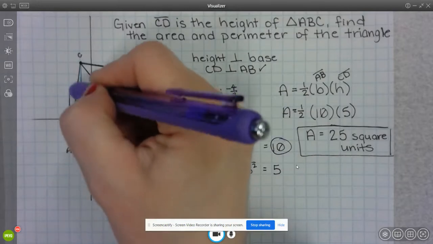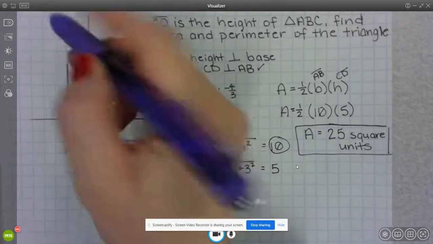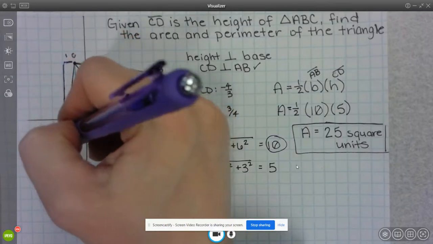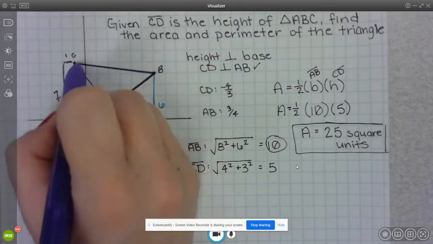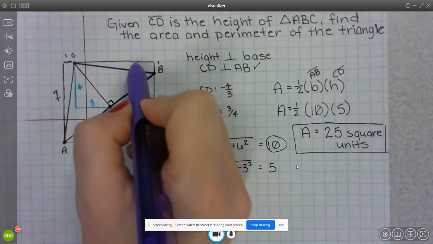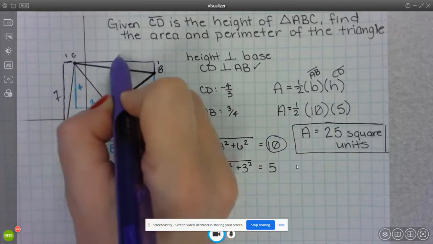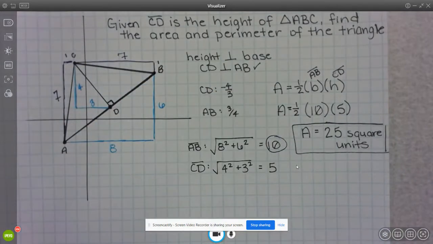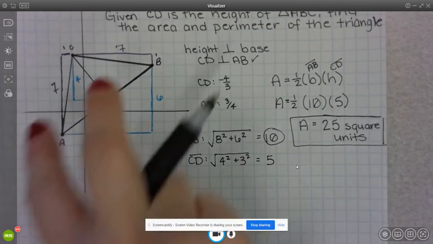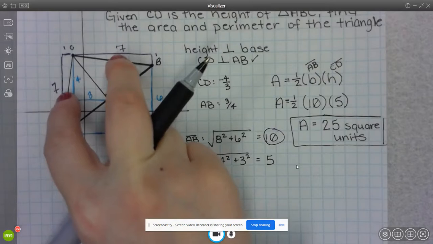So here, this is 1, and then 1, 2, 3, 4, 5, 6, 7. And then here I have 1 and 1, 2, 3, 4, 5, 6, 7 again. So this happens to be a very special case triangle where it is an isosceles triangle where these two sides are going to end up being congruent.